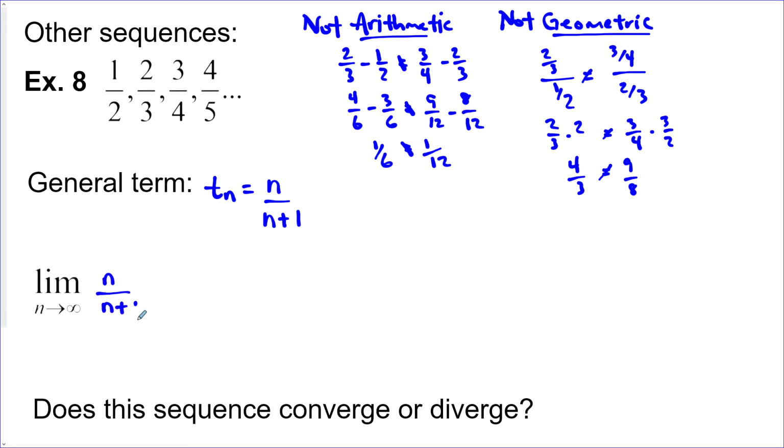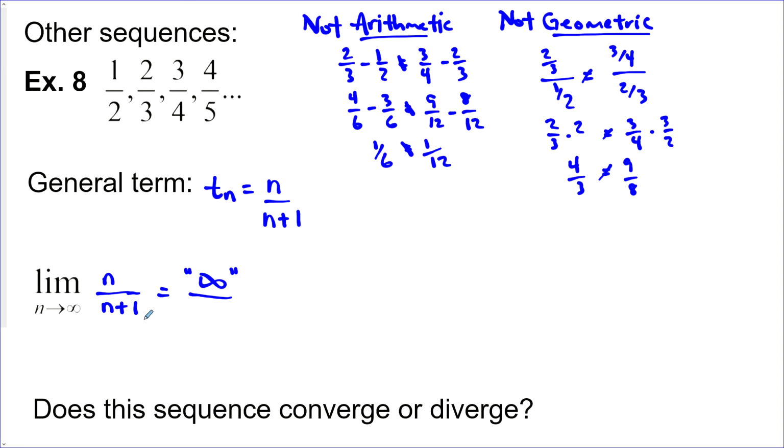Now I usually just think my way through this. So if we had n here, that would be infinity. And I'll just use quotations. If you ever write infinity, you can't actually have that in a calculation, so that's why I'm using these quotations here. And in the denominator, infinity plus 1.